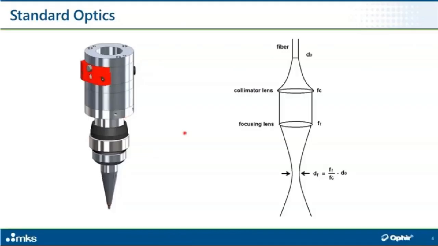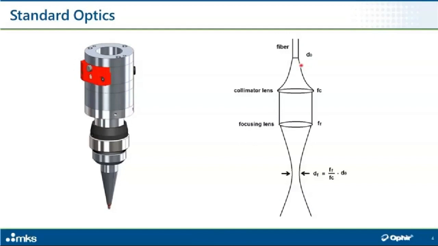On the left side of this slide, you see a picture of a cutting head. On the right side, you see the internal optics of the cutting head. We start with the laser fiber, whose core has a diameter of D0.